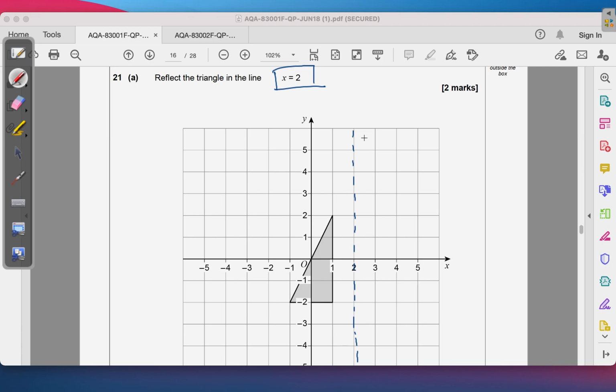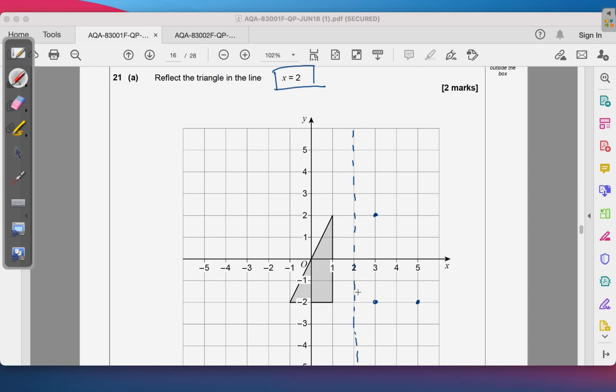That's what x equals 2 means. Now, if you imagine that you had a mirror, and this bit is the shiny side, so you hold it along the paper like this, what would you see in this side of the mirror? Well, you'd see this point reflected there, this point reflected there, and this point reflected there.